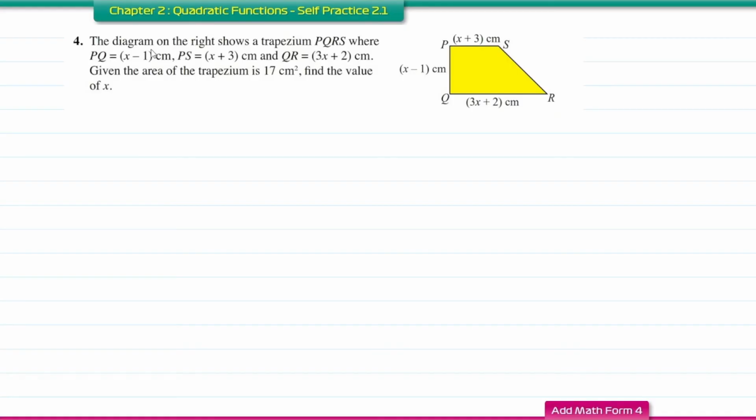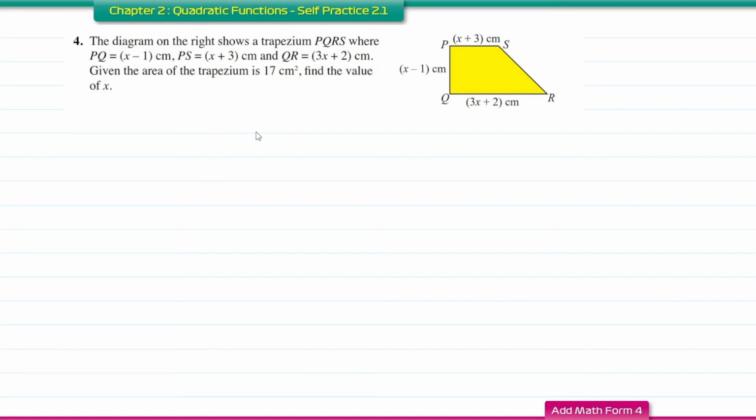Question 4. The diagram on the right shows a trapezium PQRS where PQ is equal to x minus 1, PS equal to x plus 3, and QR equal to 3x plus 2. Given the area of the trapezium is 17 centimeters square, find the value of x.